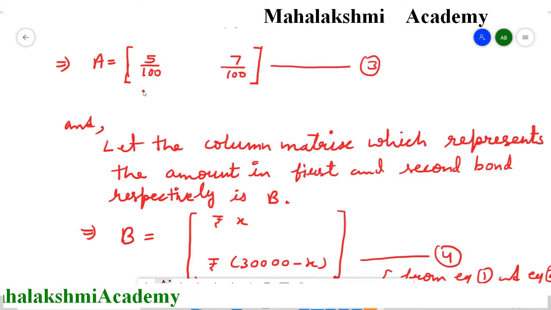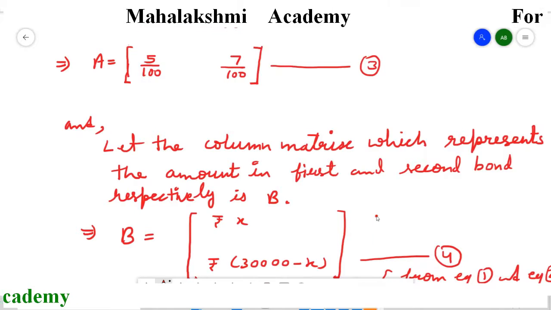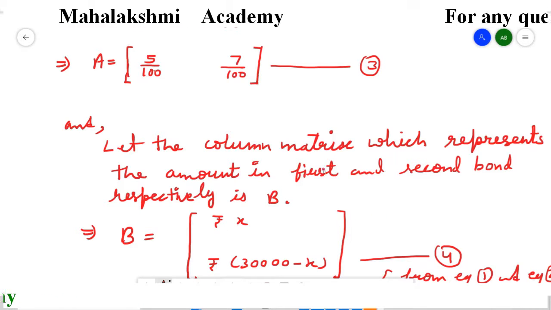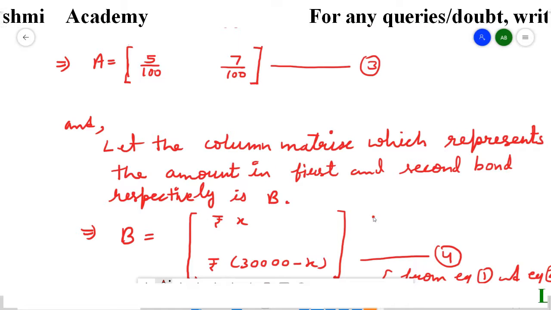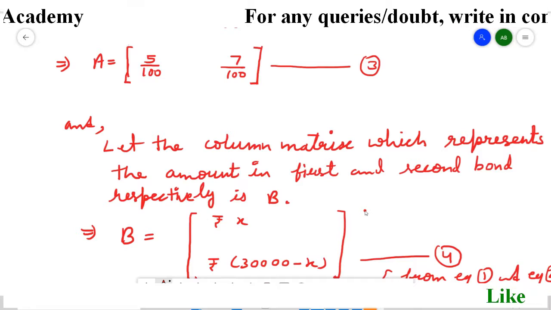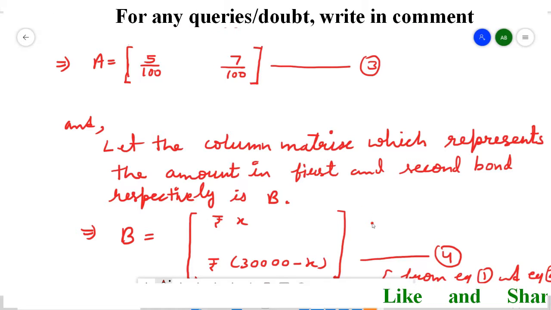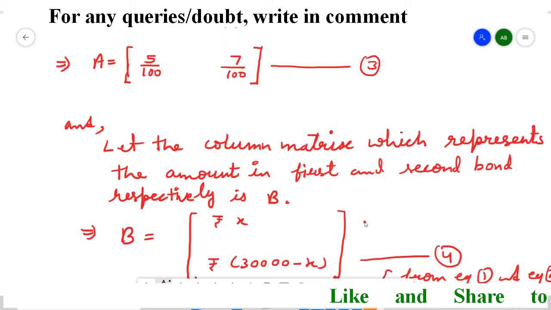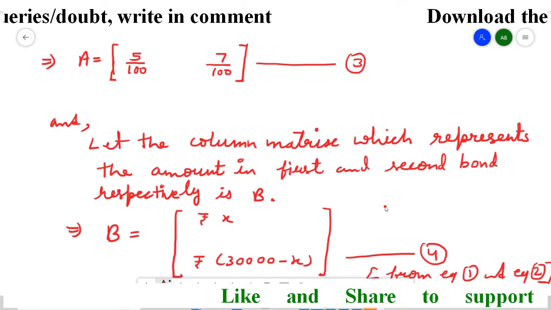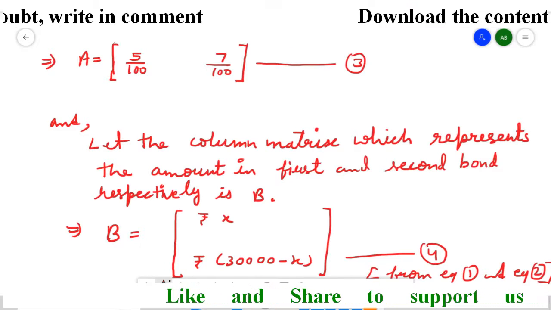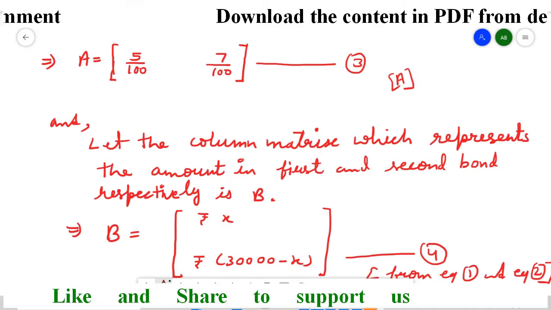It's very compulsory, otherwise the product is not going to be a single element. You already know why, because matrix product and their order you are familiar with. Still, very briefly I am explaining here why it is happening. See, the order of matrix A means rows and columns.